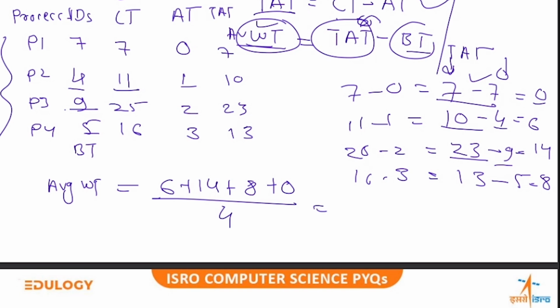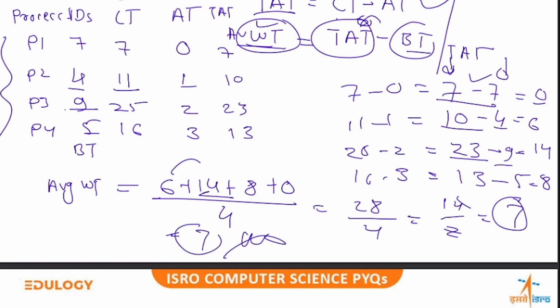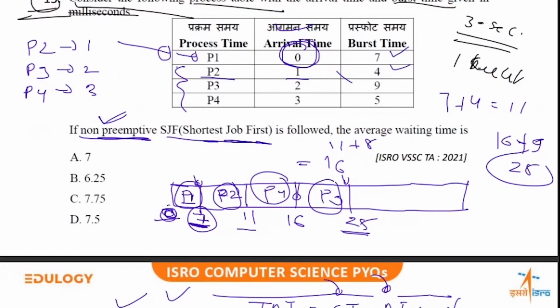So this is 14 plus 6 is 20, plus 8 is 28, divided by 4, which is 7. I hope 7 is your correct answer. Let's see if the option is available. Oh, option A is your correct answer.